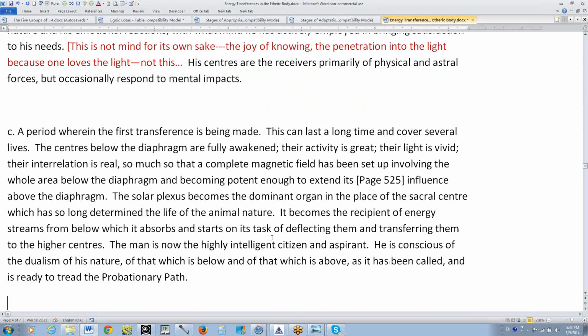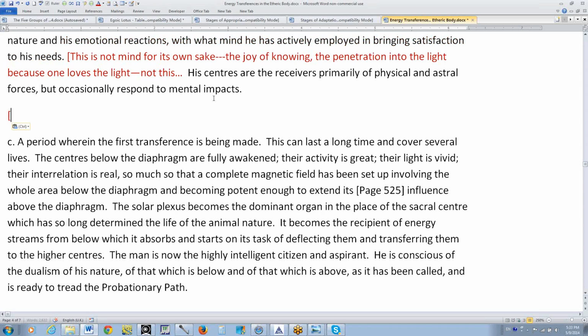And then a period wherein first transference is made. So let's just say we have dullness at first, and greater awakening, then transference.